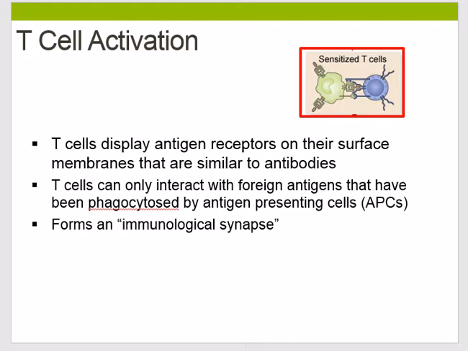T cells can only react to a foreign antigen that has already been phagocytosed and then presented on the surface of an antigen-presenting cell, meaning that once the foreign antigen has been phagocytosed, that cell is going to present the proteins on its surface, and now the T cells can react with this cell. And we're going to form a temporary junction between the T cell and the antigen-presenting cell called an immunological synapse.